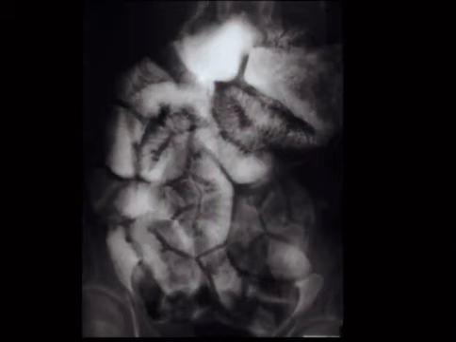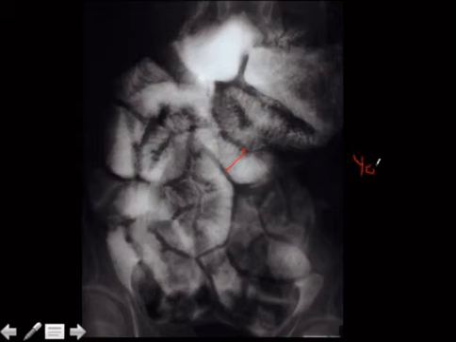This is small bowel follow-through, and what we've got is normal fold thickness. This is what normal folds look like, with dilated small bowel loops. So if I would give you calipers here and tell you that this is 4 centimeters or something, that's 4 centimeters.